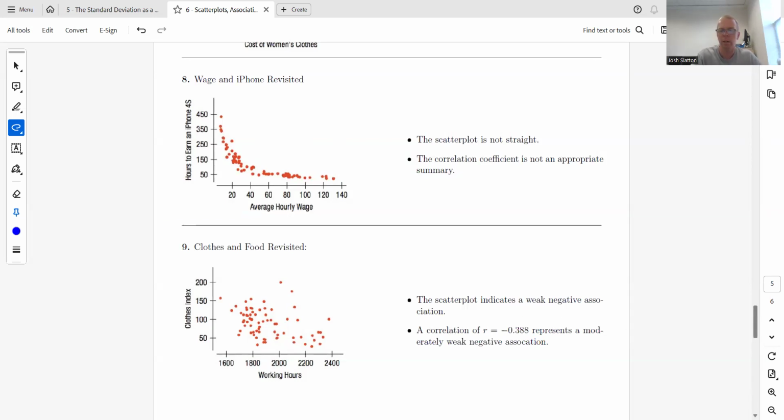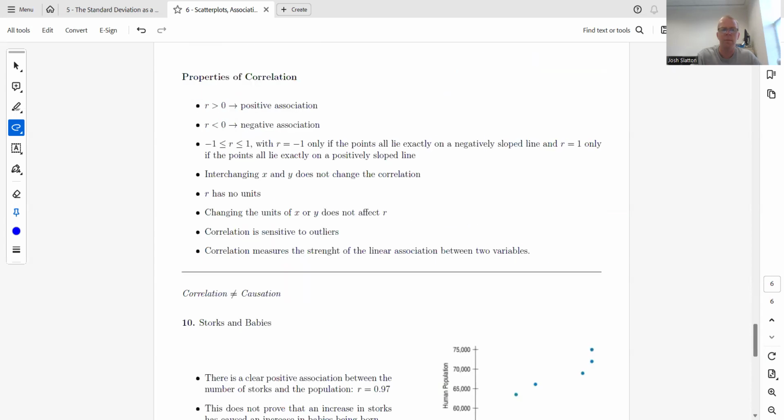All right, so looking ahead, properties of correlation. R being positive indicates a positive association. So if R is positive, there's going to be a positive direction in the scatter plot. If R is negative, there's going to be a negative direction in the scatter plot.